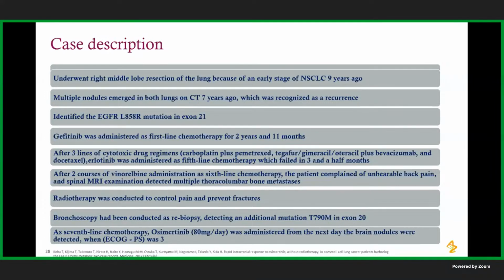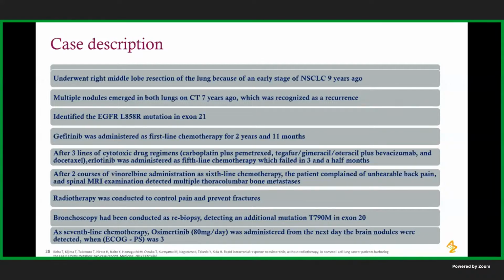She took gefitinib for 2 years and 11 months. However, she progressed, and subsequently she was given various lines of therapy in terms of pemetrexed, platinums, Tegafur, Bev, and taxanes, and erlotinib. Subsequently, she developed brain mets, and osimertinib was introduced as a seventh line therapy.